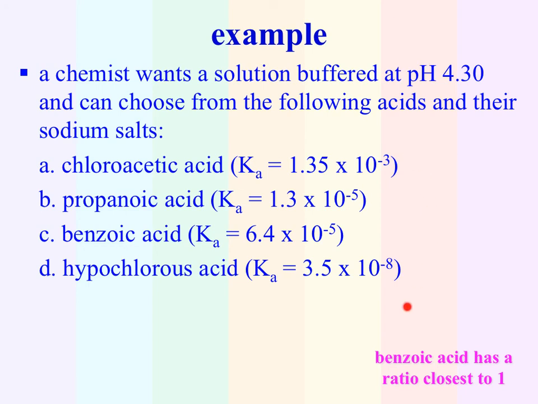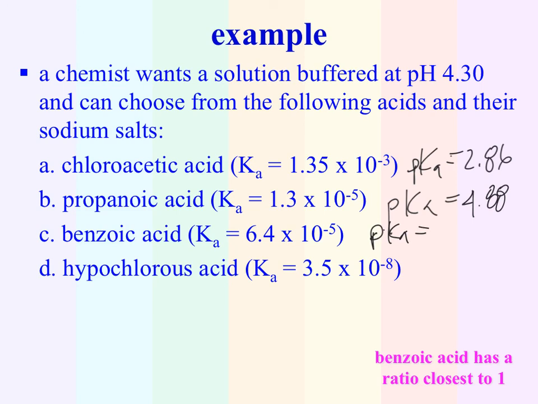So we've been given several acids here, and we've been given the corresponding Ka values. Okay, if we go ahead and take each of these Ka values and convert them into pKa values, we get a pKa here of 2.86. We get a pKa here of 4.88. Okay, we get a pKa here of 4.19. And we get a pKa here of 7.45.